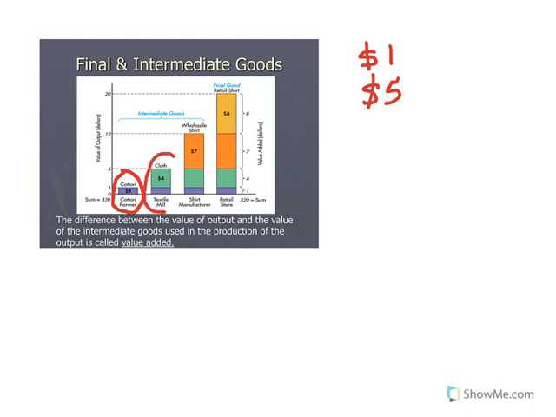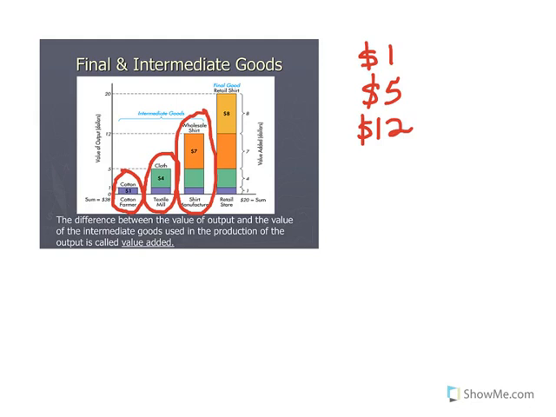So we've gone through that stage of production. The third stage of production now is going to be that shirt manufacturer taking that cloth and sewing it into an actual shirt. So that's what they do, and they turn around and then they sell that product for a price of $12 to the retail store. In other words, you see that initially you had the dollar value from the cotton farmer, the $4 from the textile mill, and then they added another $7 of value, which means they sold it to the retail store for a total of $12.